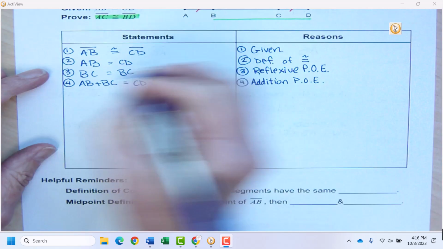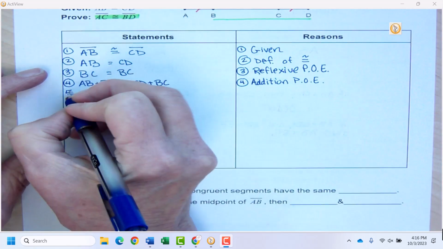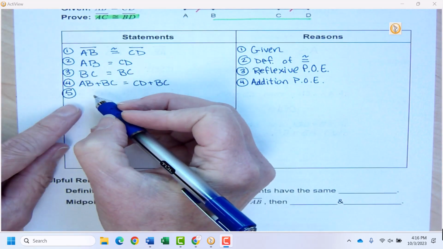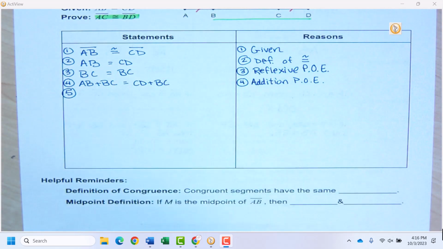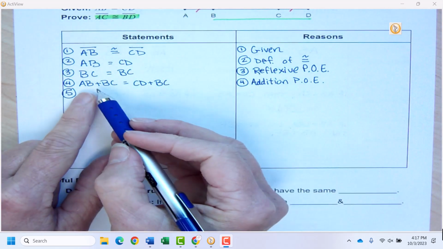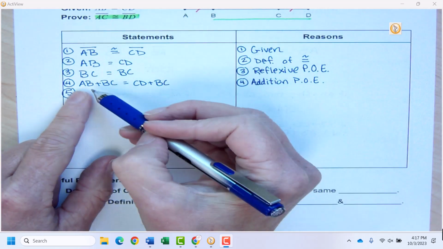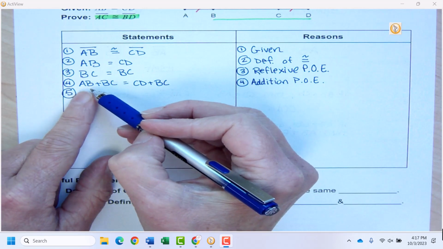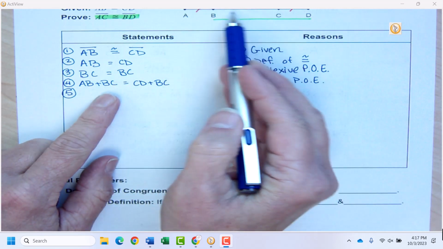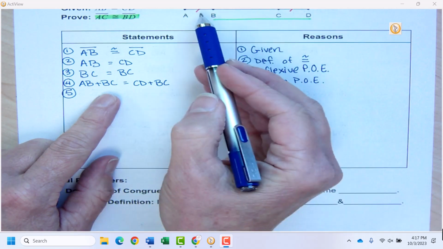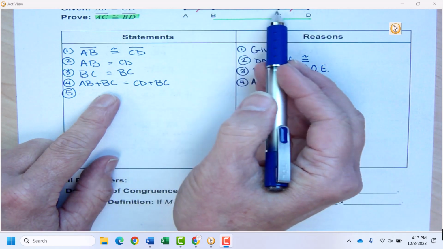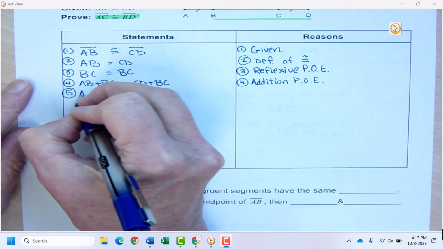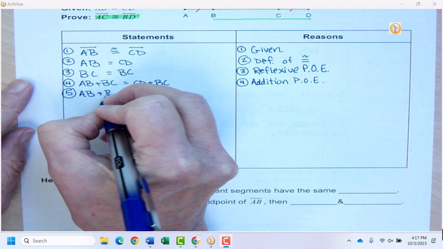And here's where we're going to be using the segment addition postulate. So I know that AB plus BC in this figure has to be equal to AC.